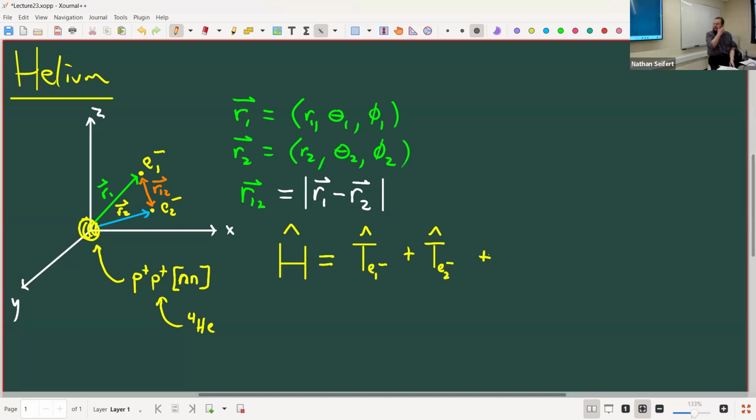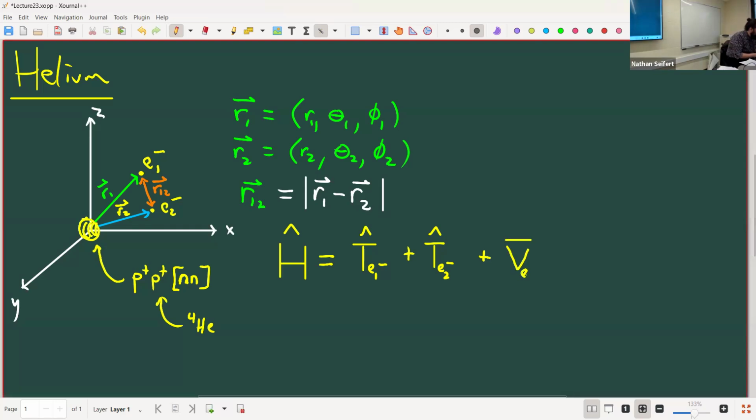And we know those to be, in some sense, the angular kinetic energy of the electrons, as well as the radial, how it's moving in the radial direction. And each of these electrons is attracted through potentials to the protons, as well as repelled by each other. So we're going to have 3 potential terms.